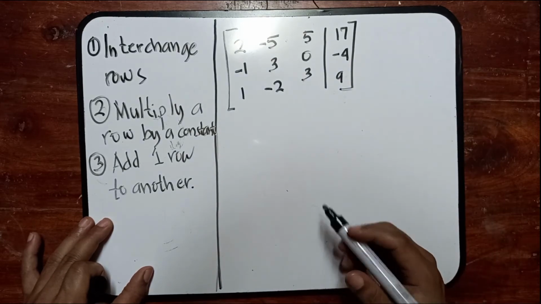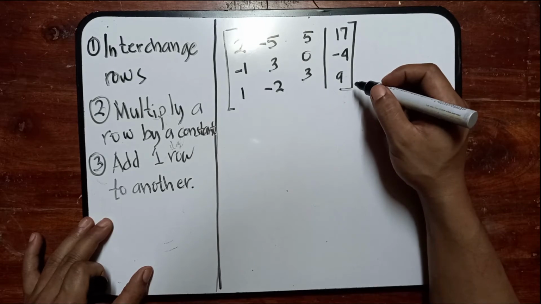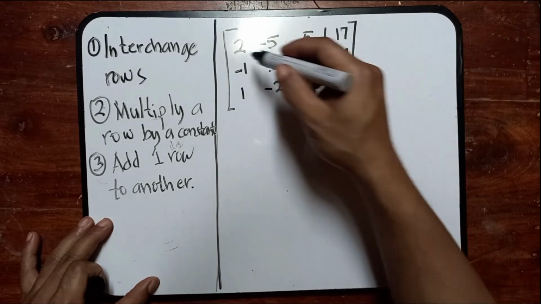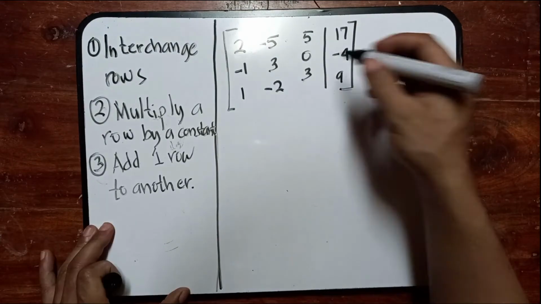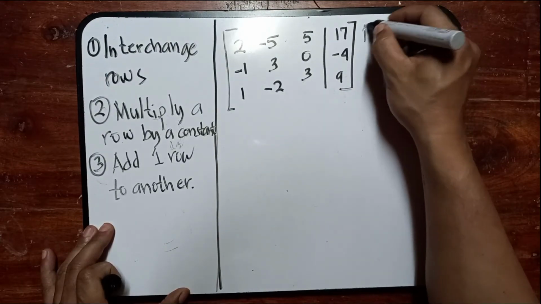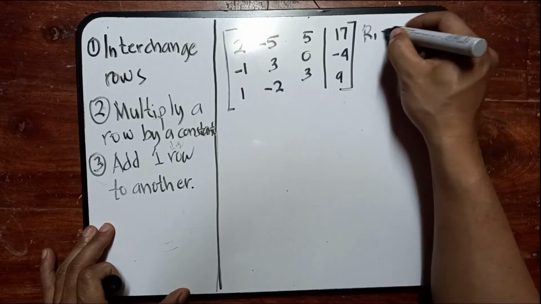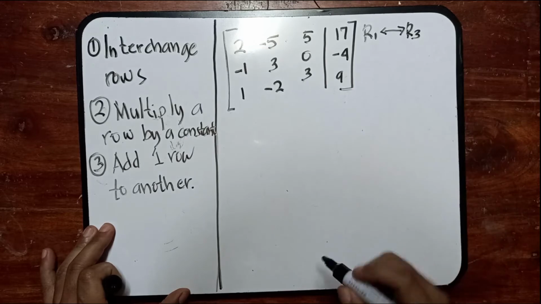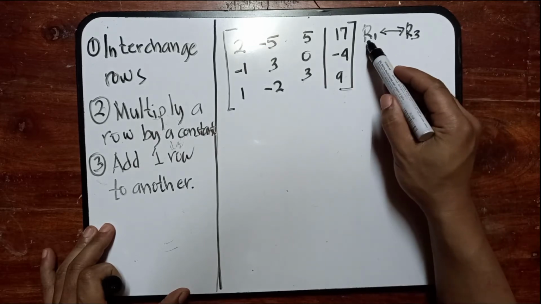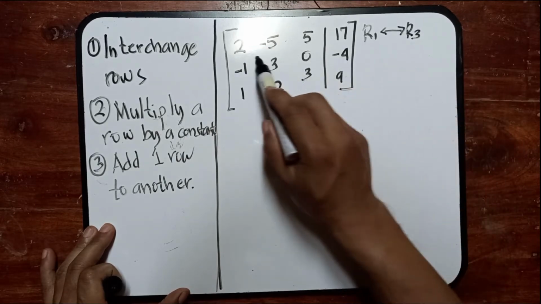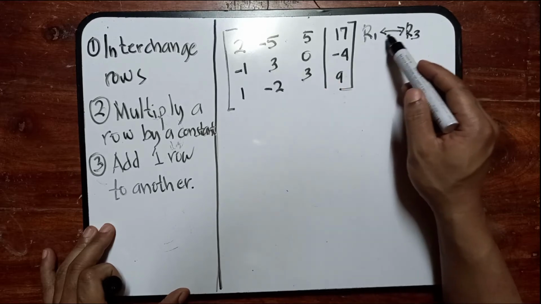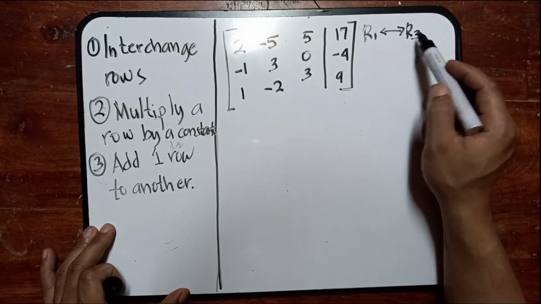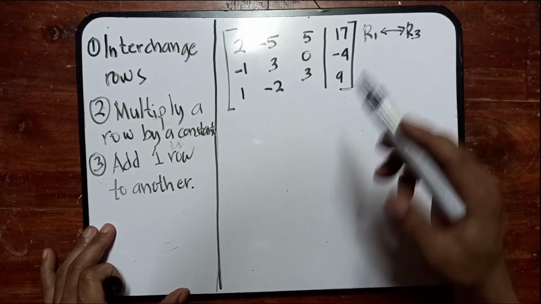Let's say, for example, we want to swap row 1 with row 3. So this is row 1. Let's write here R1, and we will swap it with row 3. We add here R1 just to mark that we are referring to row 1, and the double-headed arrow refers to the swapping, and R3, meaning R1 and R3 will swap together.